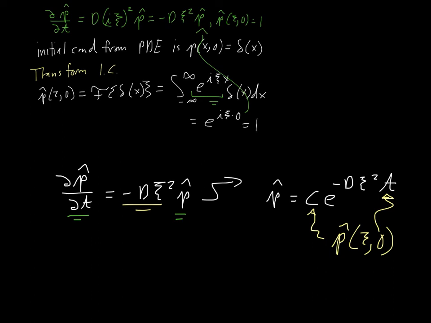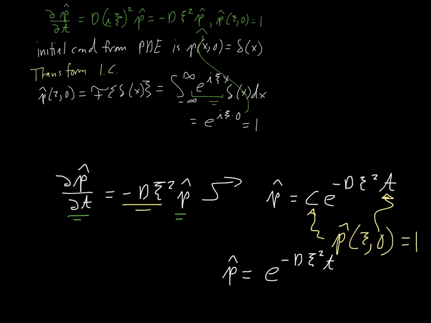So we know that p hat, the solution of our equation in Fourier land, is e to the minus D c squared t. And then the last bit is to just transform back.